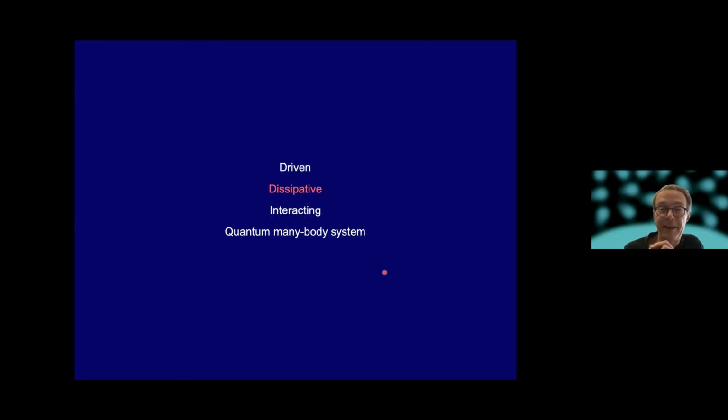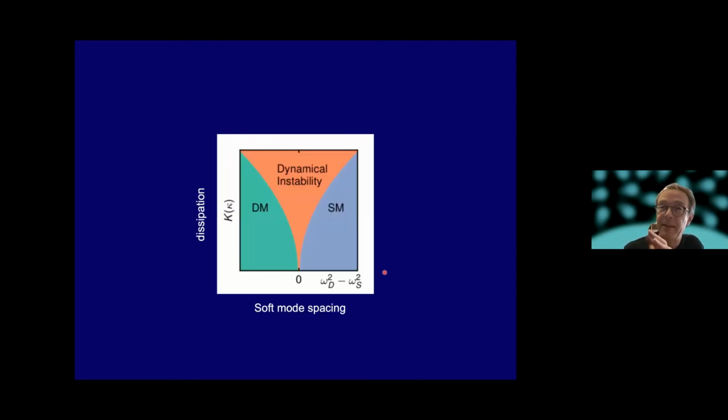You can associate a dynamical instability with the dissipation, only due to the dissipation. And about this experiment, and that was the PhD of Nishant Dogra, I will talk after the break.